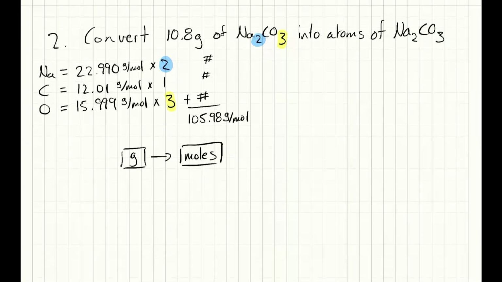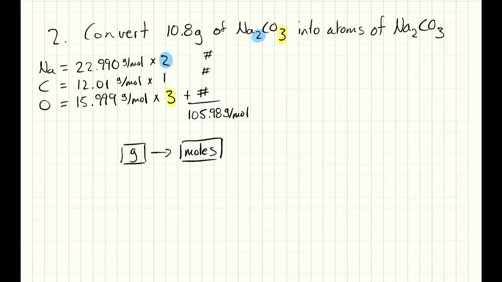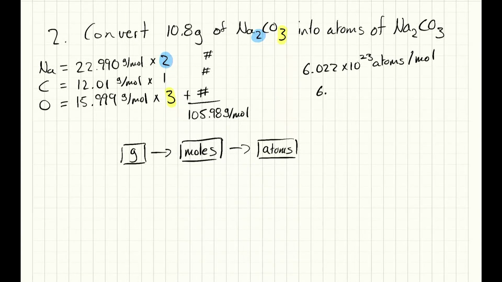And so this also kind of requires the knowledge that from moles, it's easy to go to atoms, because our other conversion factor is 6.022 times 10 to the 23 atoms per mole, or 6.022. This is exactly the same thing, just written a little bit differently. Atoms per 1 mole.